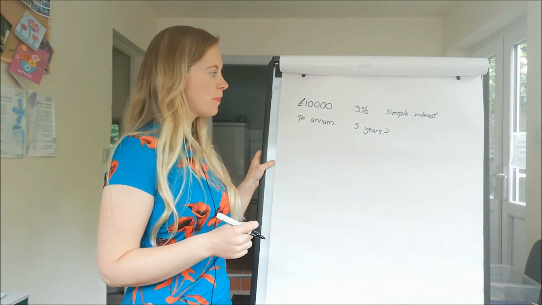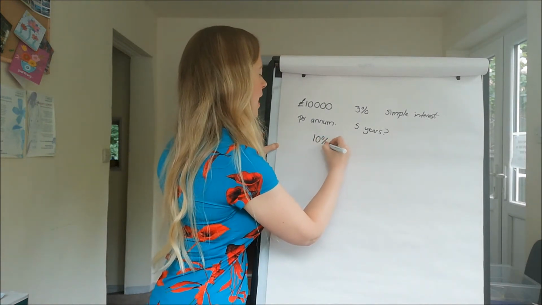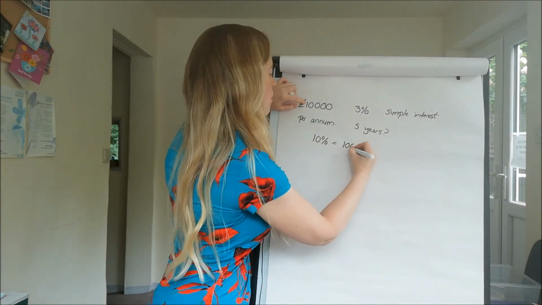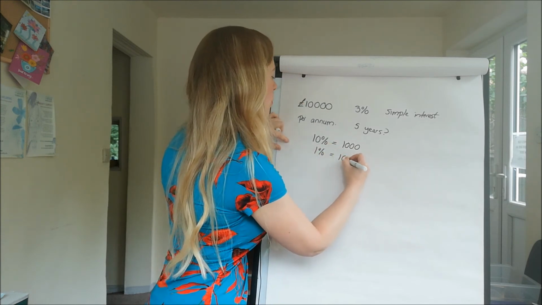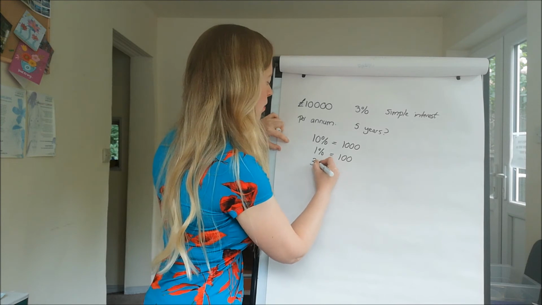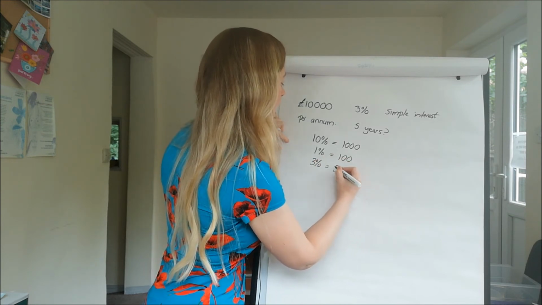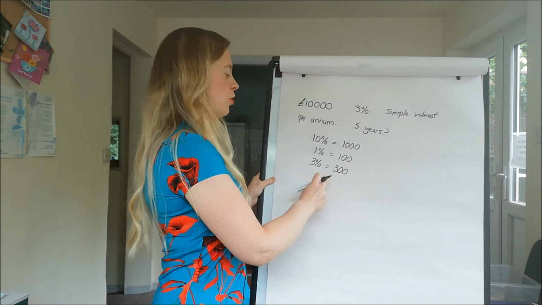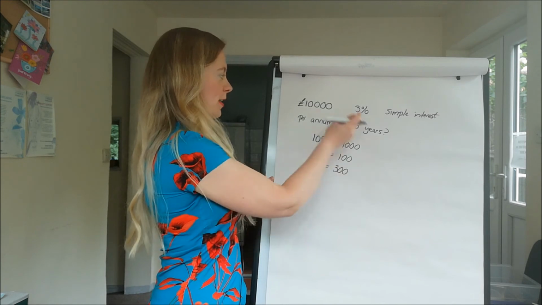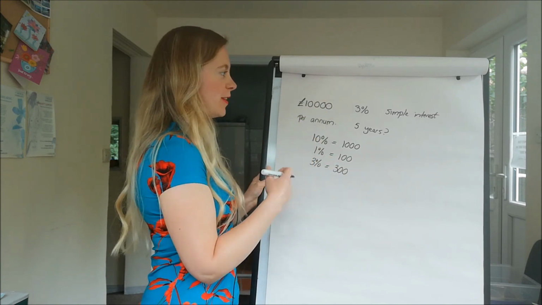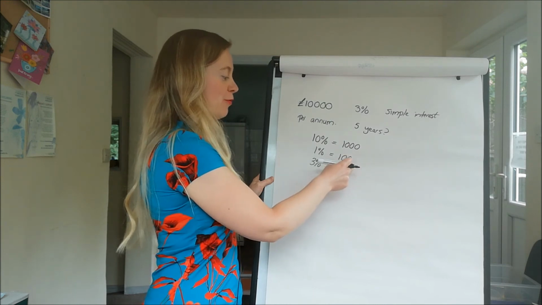All right. Now for this one, we would say 10% equals £1,000. So 1% equals £100. So 3% equals £300. So that would mean that £300 interest would be paid. For simple interest, that's the amount of interest that's paid every year.